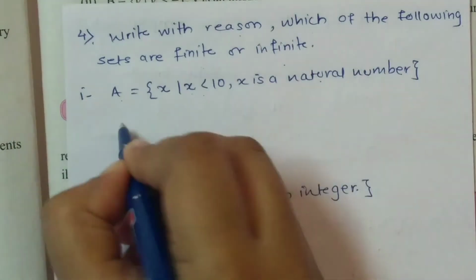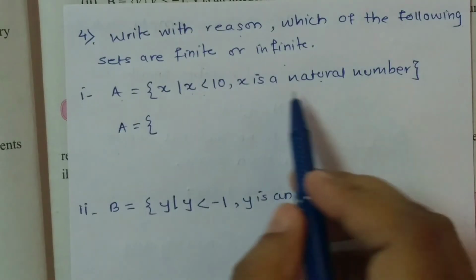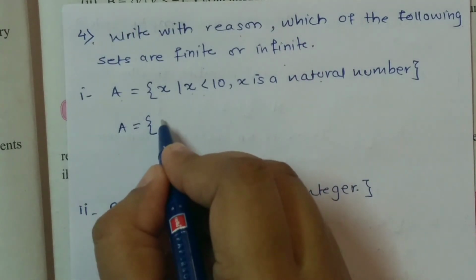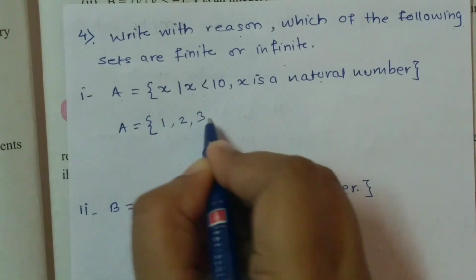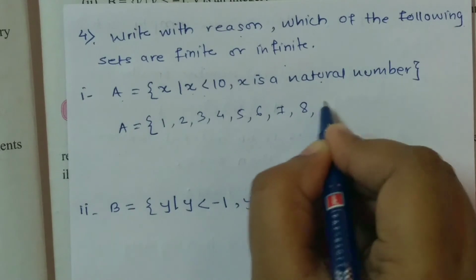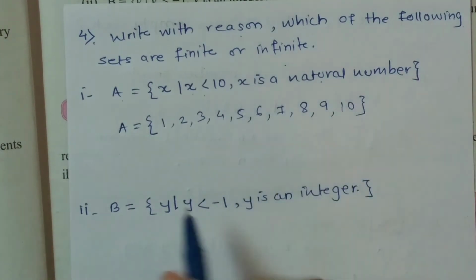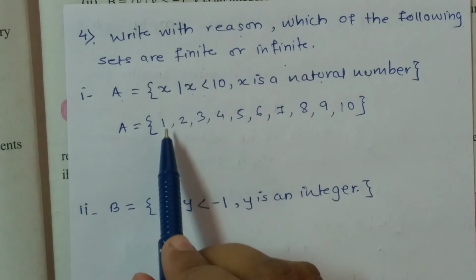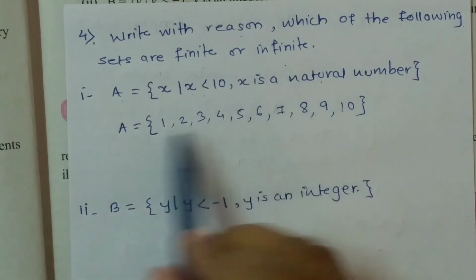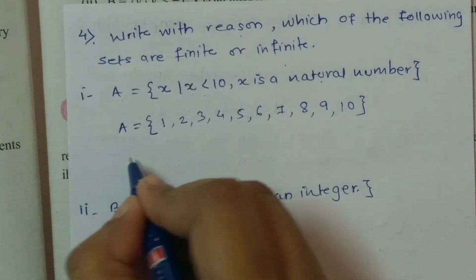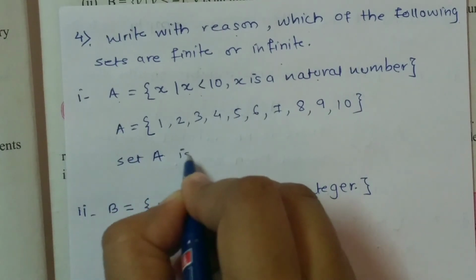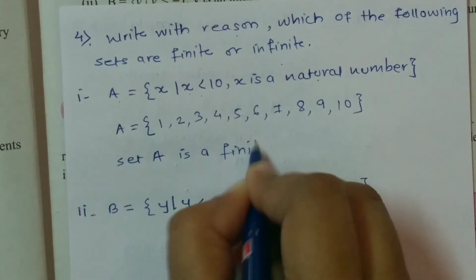So set A will have numbers which are natural numbers and up to 10: 1, 2, 3, 4, 5, 6, 7, 8, 9 and 10. Now a finite set is a set whose elements we can count. We can count them. They are 10. So set A is a finite set.